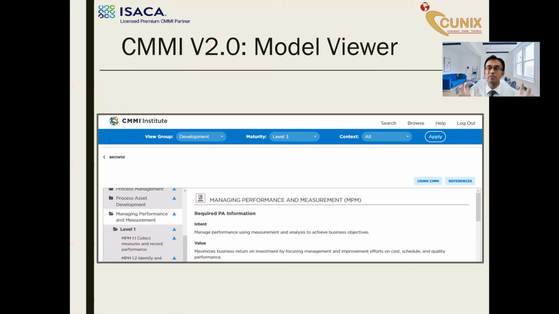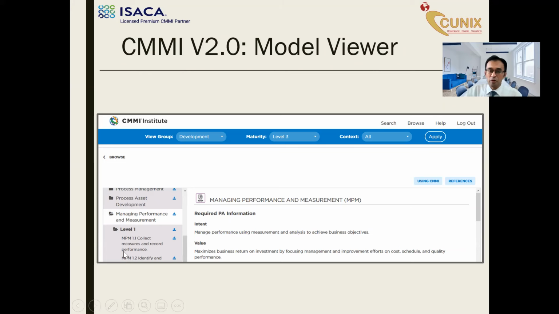So that's the flexibility that CMMI is offering you. Earlier, it was very rigid. You either had development or services. Now you can have a mix of both, right? Even service-oriented organizations will have some development, some manufacturing going on. What if they want to target CMMI for services, but with the context of development? Now you can do that, right?